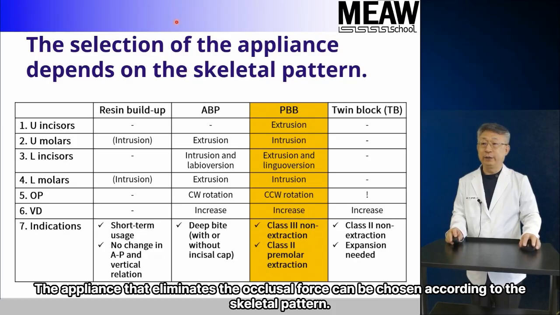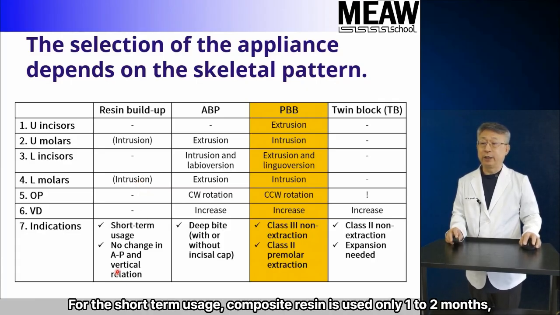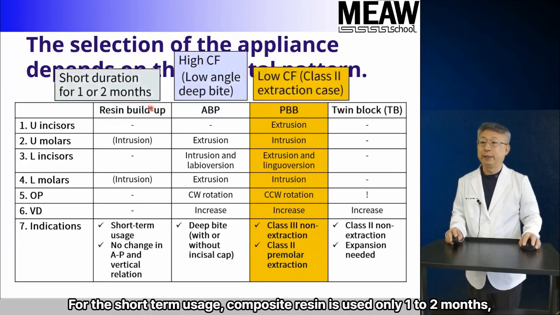The appliance that eliminates the occlusal force can be chosen according to the skeletal pattern. In the case of resin bonding, only the target tooth is intruded. For short-term usage, composite resin is used for only 1 to 2 months.